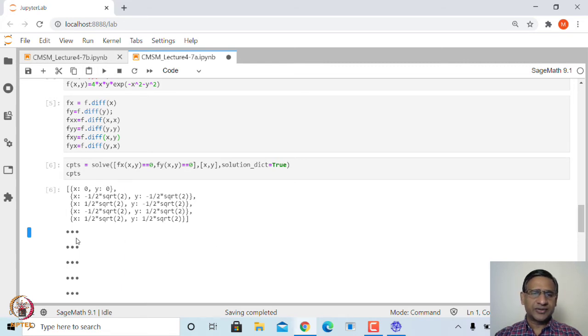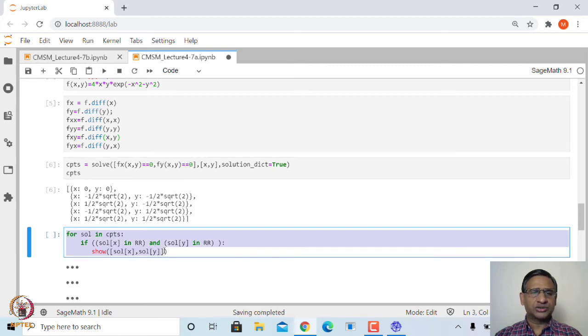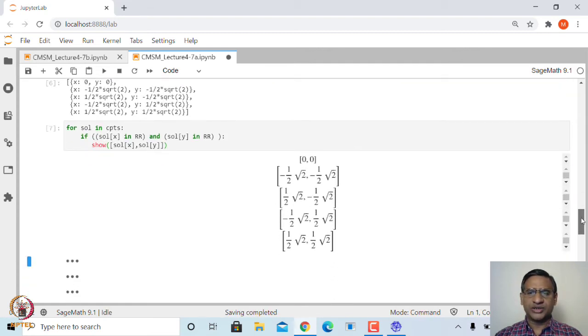We can run a loop over all the solutions and print these critical points in a pretty print format. So, these are the 5 critical points: 0 0, minus half square root 2, which is same as 1 by square root 2, minus 1 by square root 2, square root 2, minus square root 2, and so on.